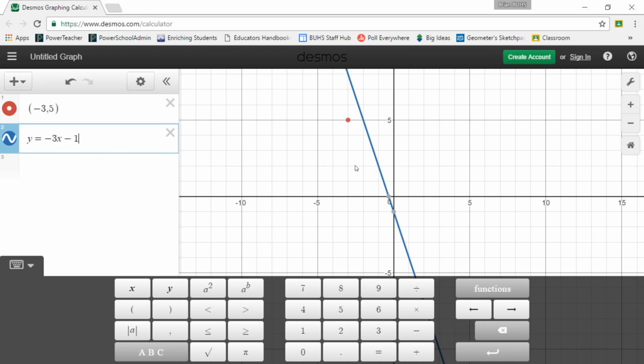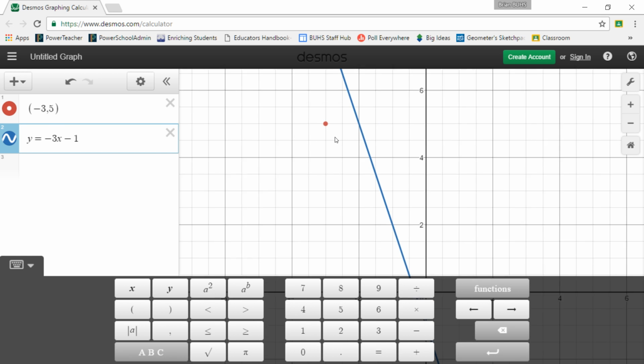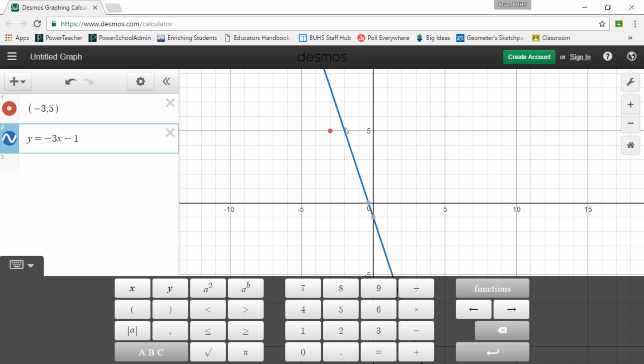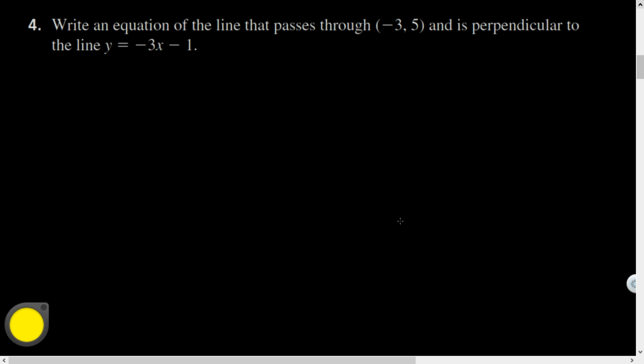So there's our equation. I'm sure we could imagine and even find the equation parallel to this blue line. It would just have the same slope, right? But I'm looking for a line perpendicular, a 90-degree angle, a right angle to that blue line. In order to do that, I'm going to need this line's slope. What is the slope of the line they gave us?